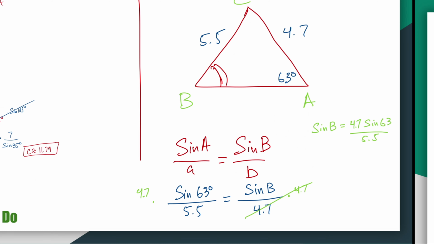Now, problem here is that we have our b kind of locked away, so we need to do the inverse sine to the other side as well. That's going to cancel these out, and I get b is equal to the inverse sine of all of this.